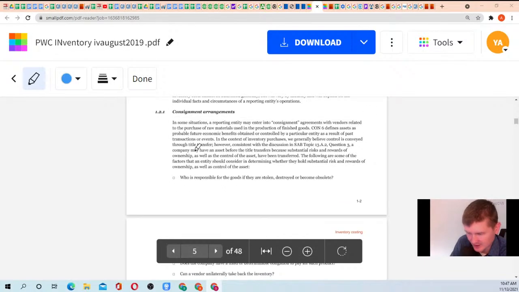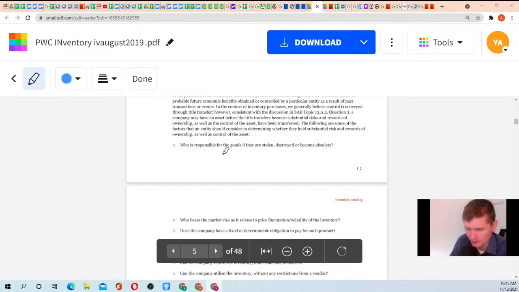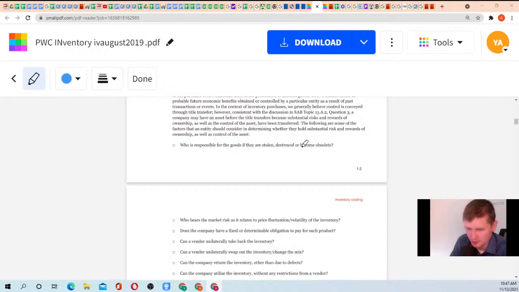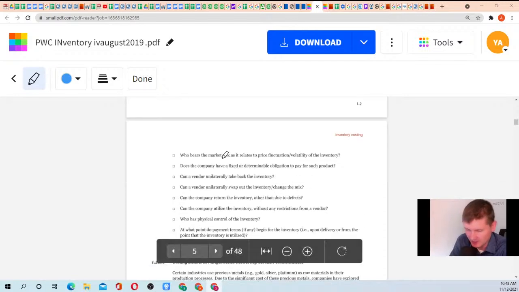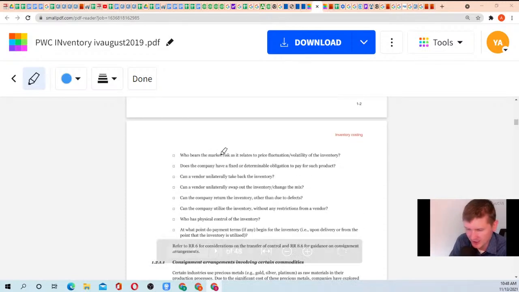And here in the standard, they have a list of issues which you need to evaluate if you have a consignment arrangement. For example, if the inventory is stolen or destroyed, who will be responsible? Who bears the market risk as it relates to price fluctuation, volatility of the inventory?